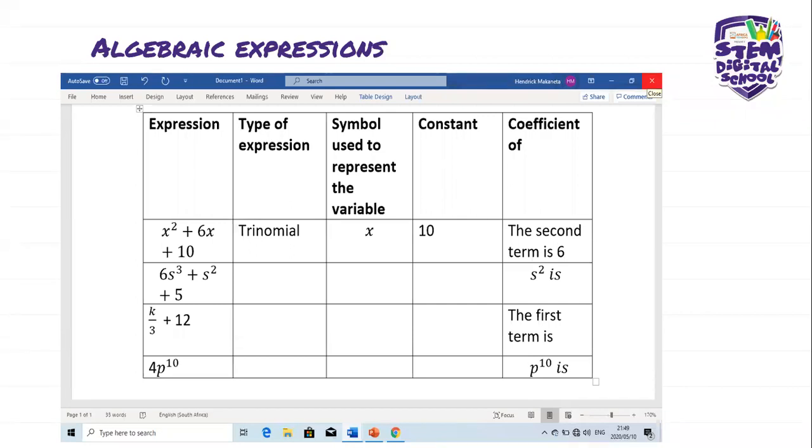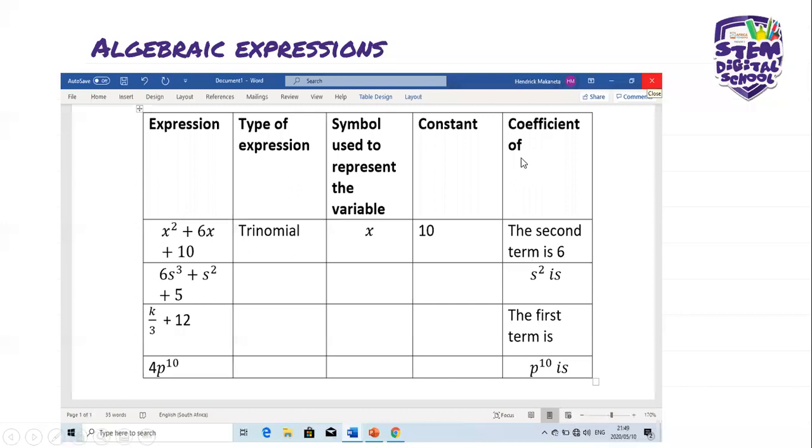And what is the symbol that is used? The symbol that is used to represent the variable in this case is x. Hence, we have answered the question as x. And the other question says, what is the constant? Is there any constant in the expression? Yes. The constant is 10. Can you see 10 there is the constant? So we write 10 as a constant.